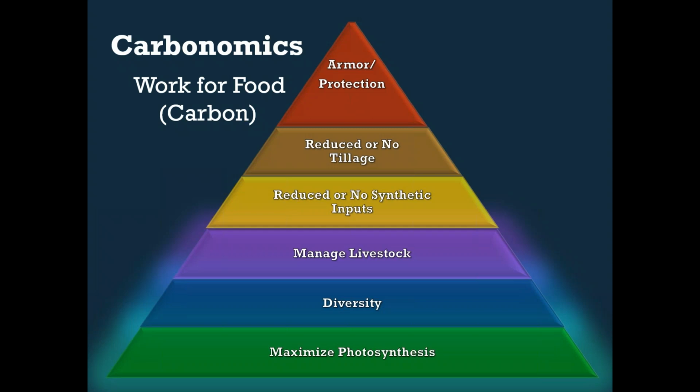So these first 3 are really looking at how we're going to get food, get the carbon into the soil environment. So you've got the maximizing of photosynthesis, keeping things green and growing. Photosynthesis is fixing carbon dioxide in the atmosphere and transforming that into simple sugar compounds, utilizing the energy from the sun to do the biochemistry that provides those sugars.